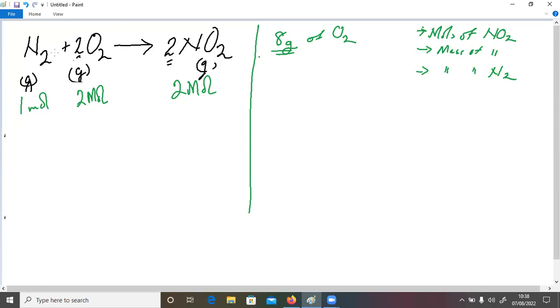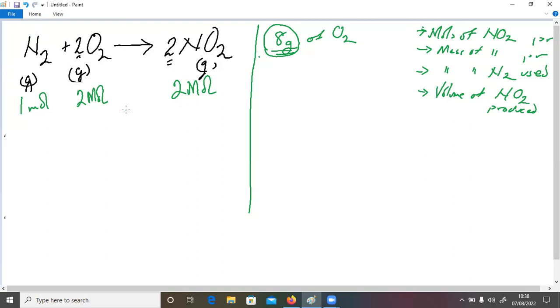So let's start. What do I do? My first step is to go ahead and, as I say, I can either do it in terms of volumes or in terms of moles.